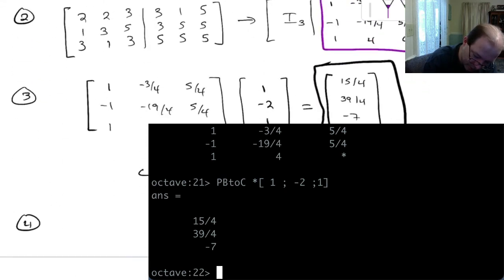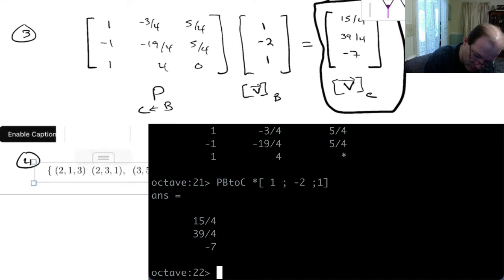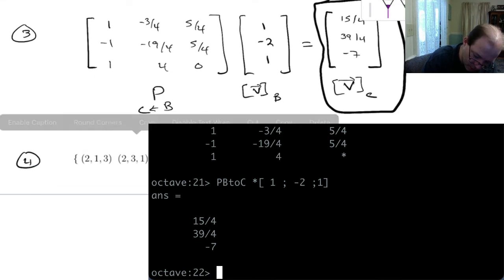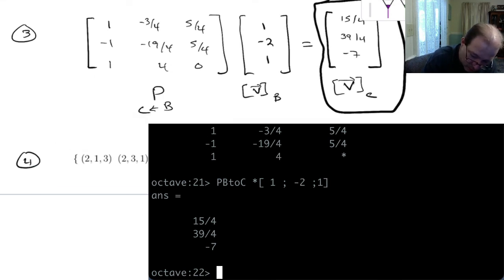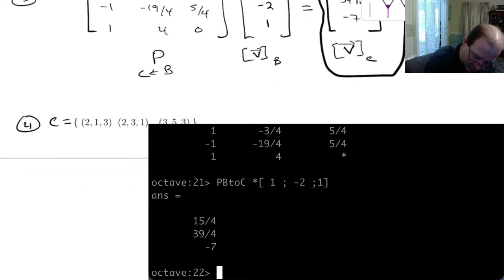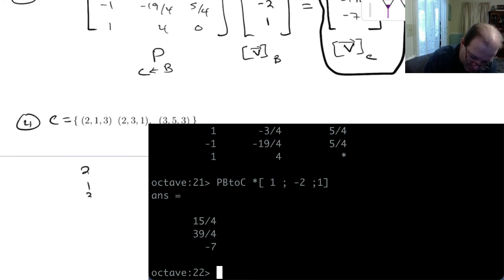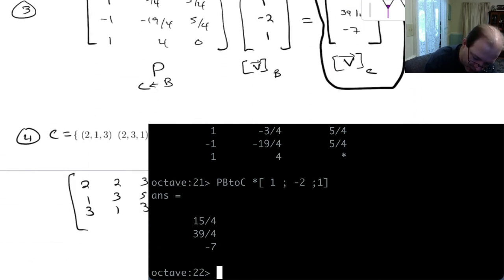So here's C. We're setting this up, 2, 1, 3, 2, 3, 1, 3, 5, 3. We're saying what do we have to multiply those by to get 6, -2, 0.